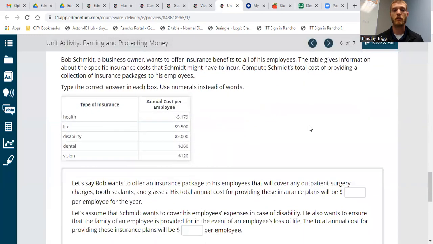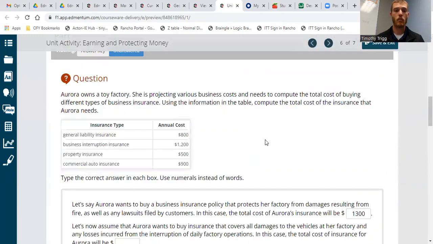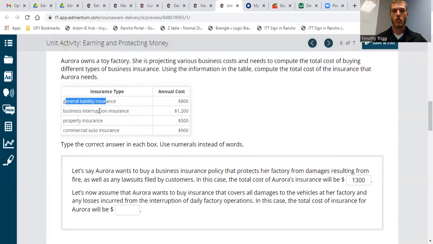What are the reasons why we want to buy insurance for ourselves, for our business? Well, we don't want to be sued, so we get liability insurance. If business gets interrupted because of a pandemic or anything else, that's why you get this insurance. Property insurance for fires, floods, right? And auto insurance.